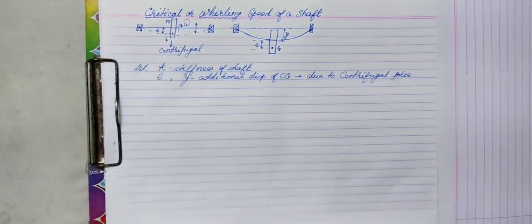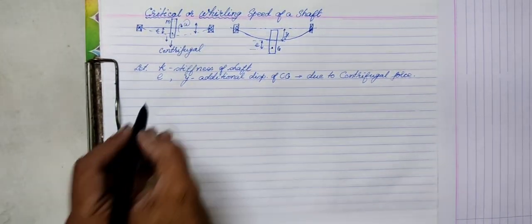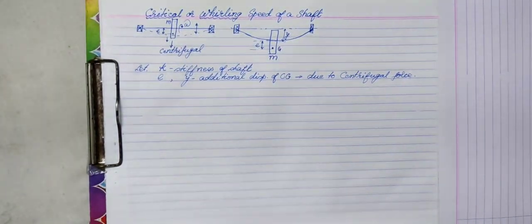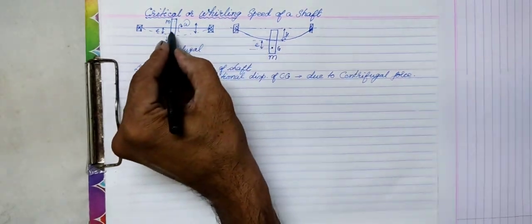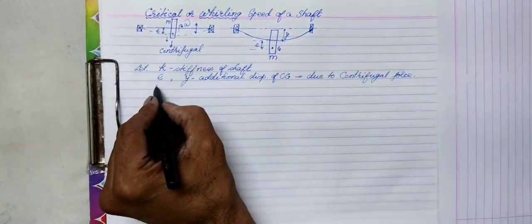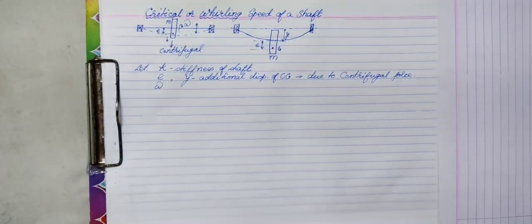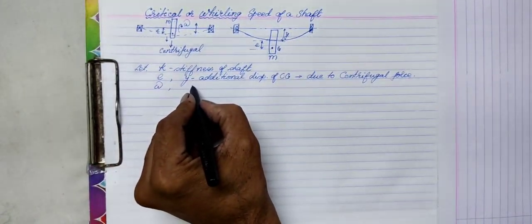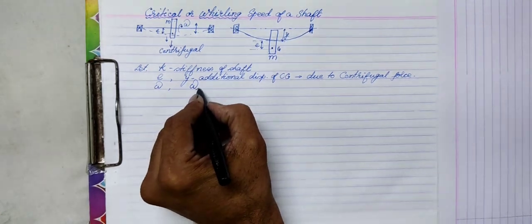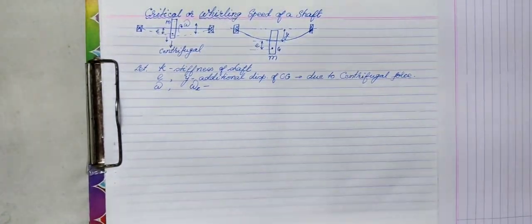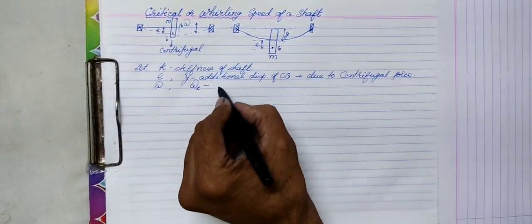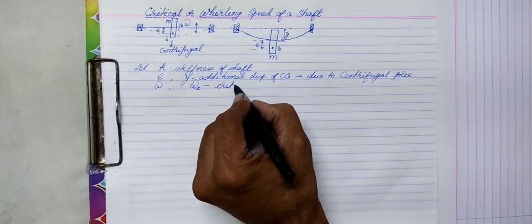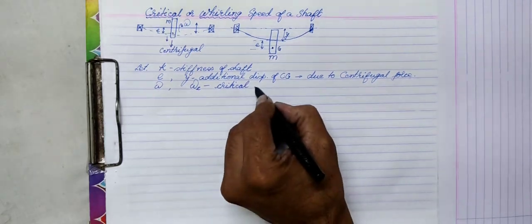This has some mass m, and as I said, omega is the angular speed of the shaft, and there is an additional term I will use here, which is omega c, and I'll call this the whirling speed or the critical speed of the shaft.